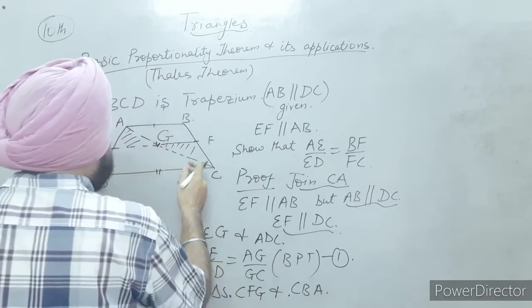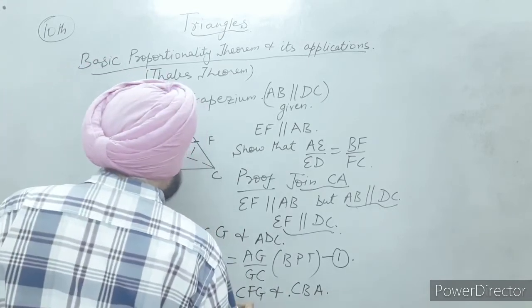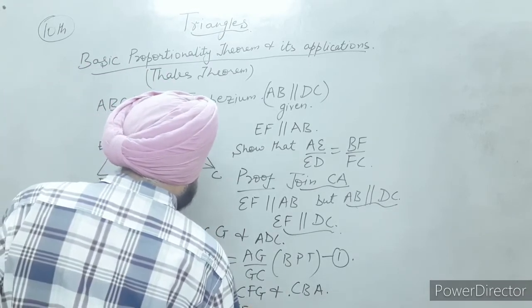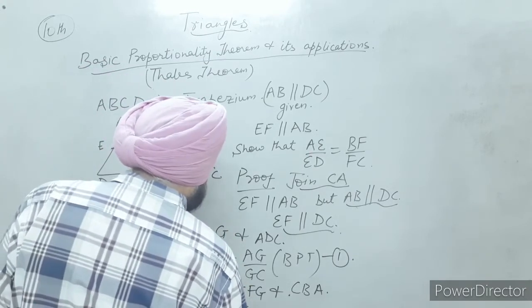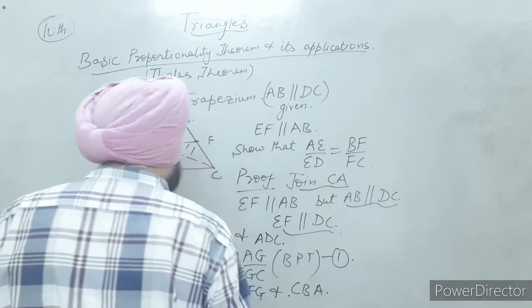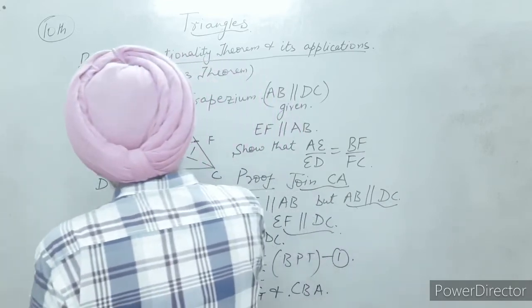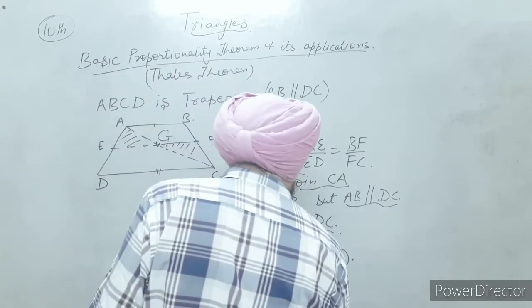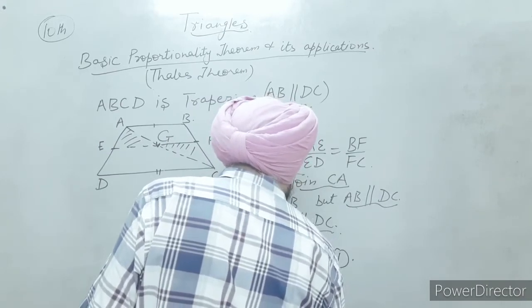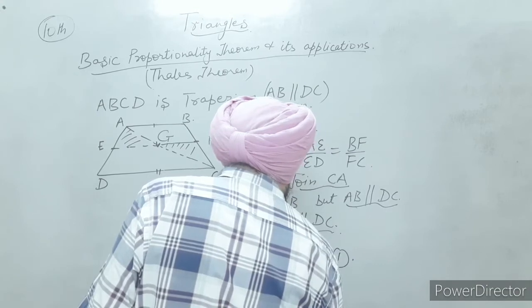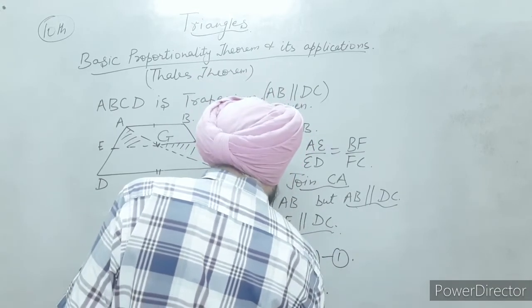GF parallel to AB. So take the ratios. That is CF upon FB is equal to CG upon GA.